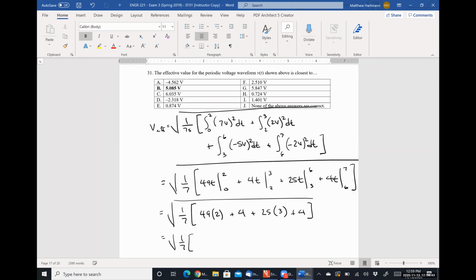All right, so 49 times 2 plus 4 plus 75 plus 4, it's 181. So square root of 1/7 times 181 is 5.085.